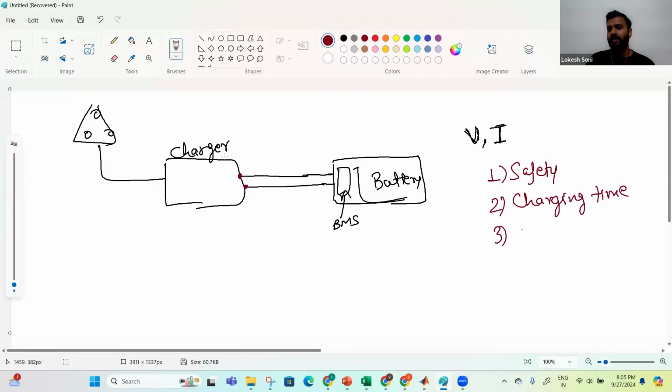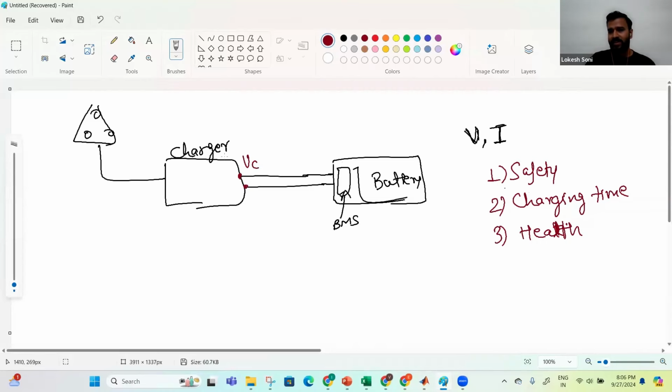And because of this health optimization, we recommend not to do fast charging always, right? Because if we just do fast charging always, we would get more battery charge in lesser time, but then health would deteriorate, right? So how it works is like this.